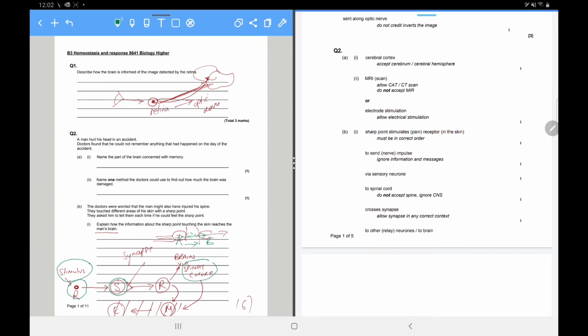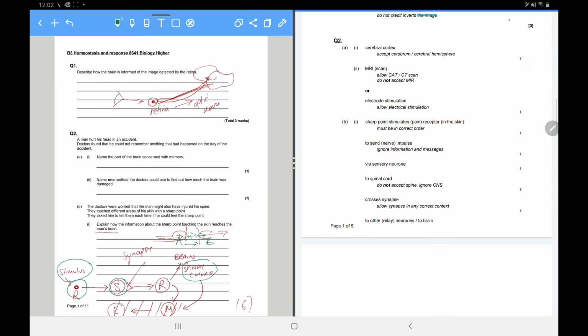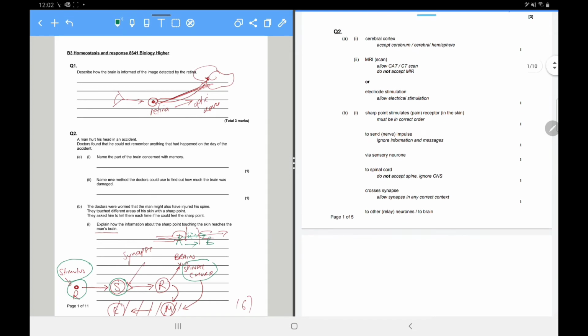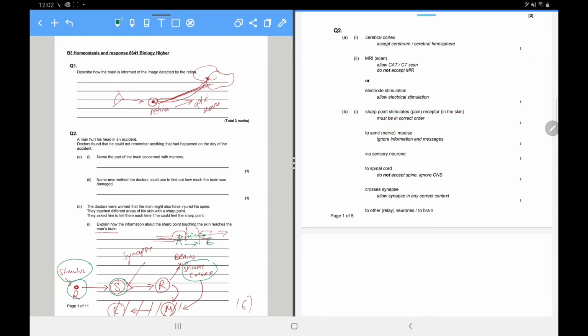Electrical impulse, via sensory neuron to the spinal cord. It says do not accept spine and ignore central nervous system. The central nervous system is the brain and the spinal cord together. The sensory neuron leads to the spinal cord. It wouldn't be right to say central nervous system because it hasn't got to the brain yet. It's just the spinal cord.